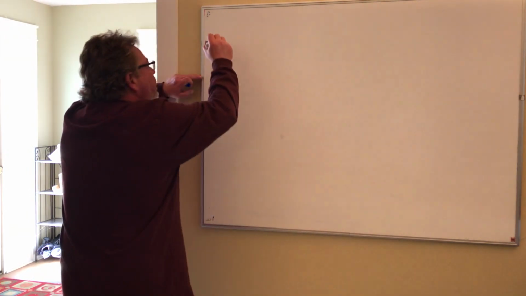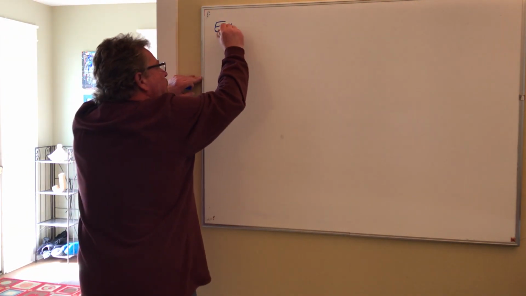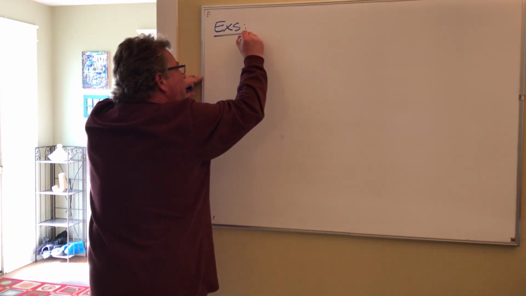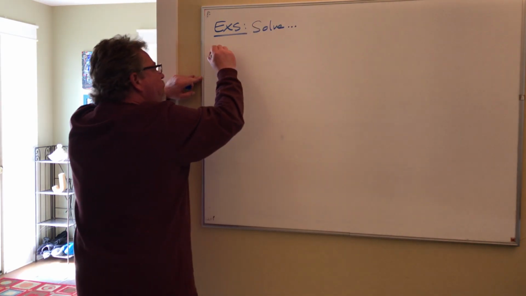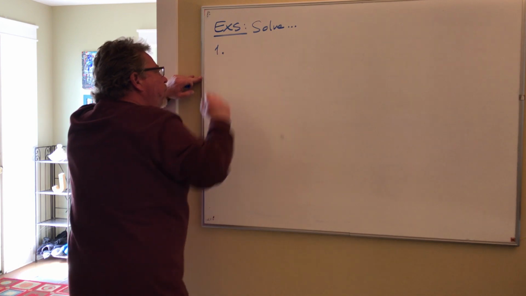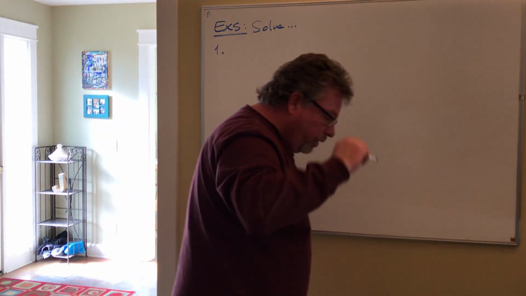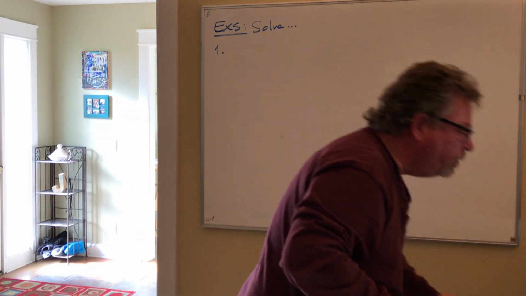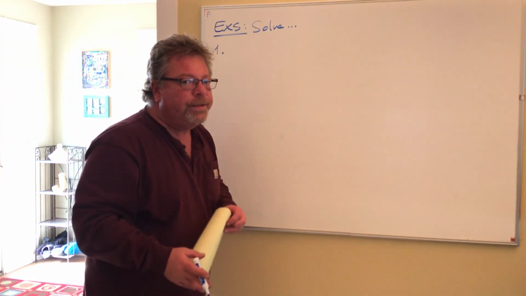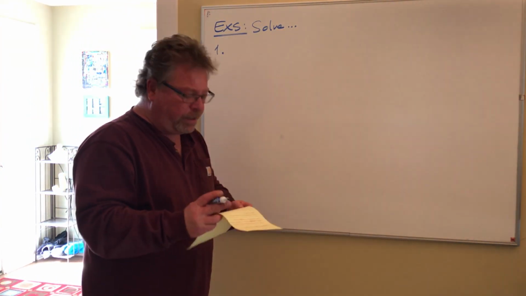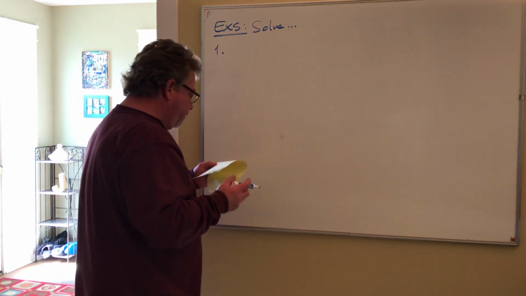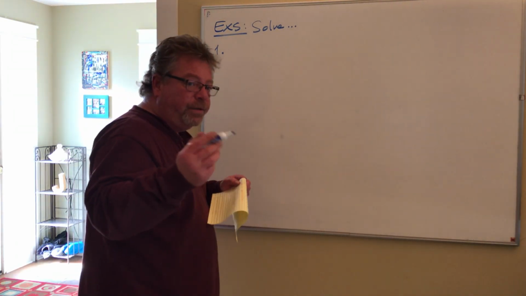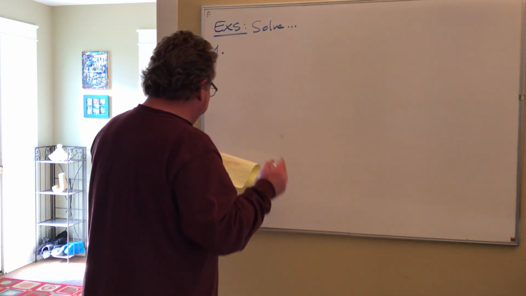So I'll just do this as a series of examples, and it's simply going to say solve. And I'll do a numbered list here. So the first one, and I've got to check my notes on this because I can't just make these things up. If I try to make these things up on the fly, then it's pretty disastrous. So I've prepared these examples ahead of time.